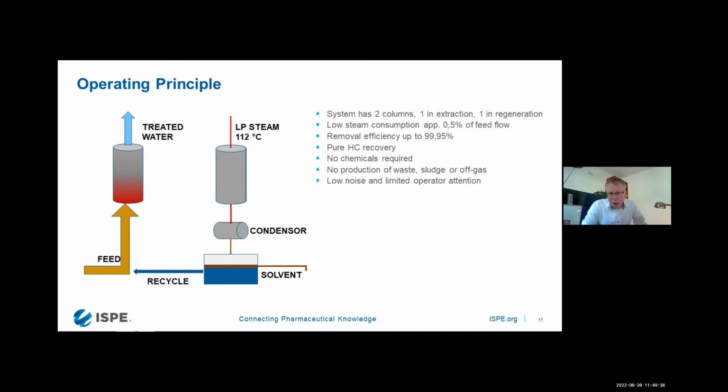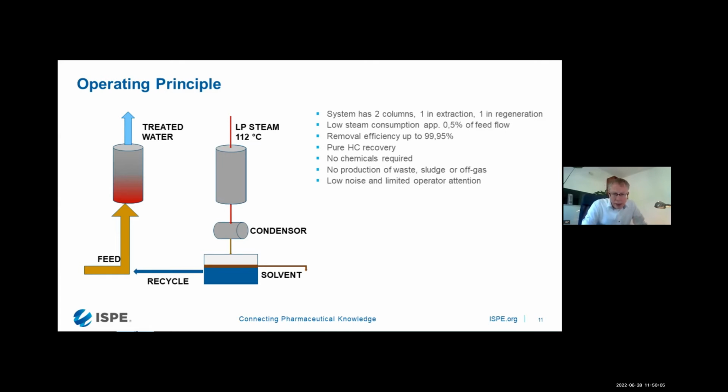And just to give you an idea, the steam consumption we apply in order to regenerate the media is fairly low. It's 0.5% of the feed flow. That means for every cubic meter of water you're treating, you need 5 kilograms of steam. The removal efficiencies we typically obtain are in the range of 99+%, and we have some cases where 99.95% was reached and was also required.